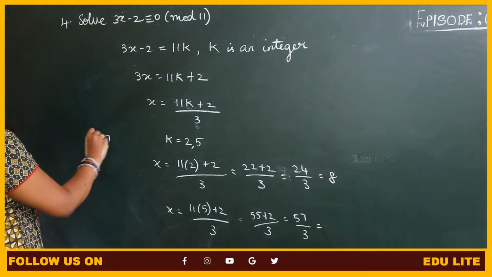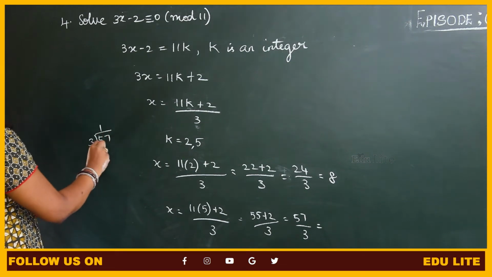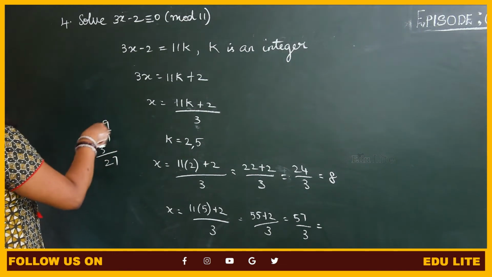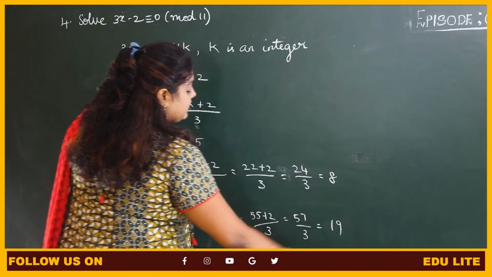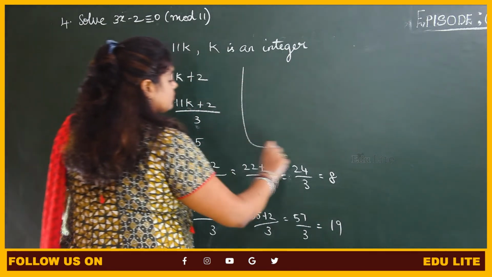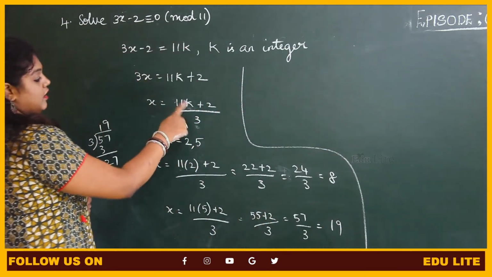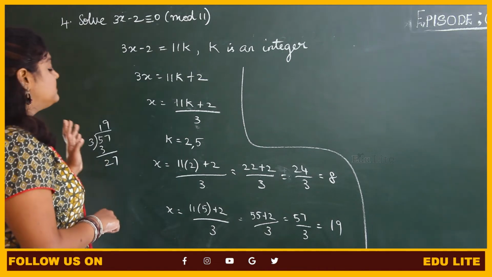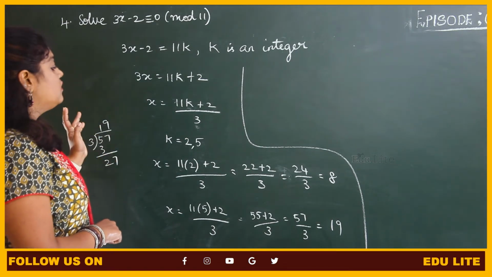Yes, it is divisible by 3. 1 times 3, 2, 7, 9, 3 nines are 27, 19. Next, if I choose 6 as the value of k, it will not be divisible by 3. 7 will also not be divisible by 3.